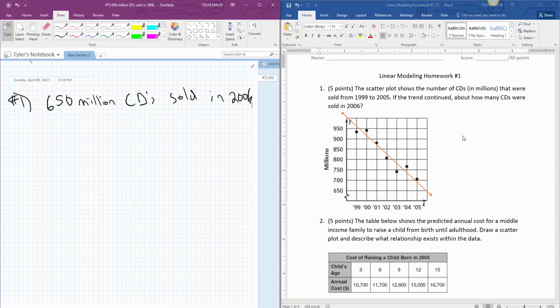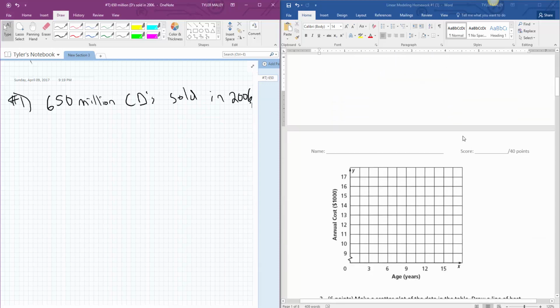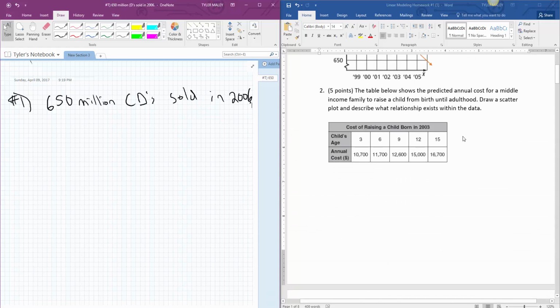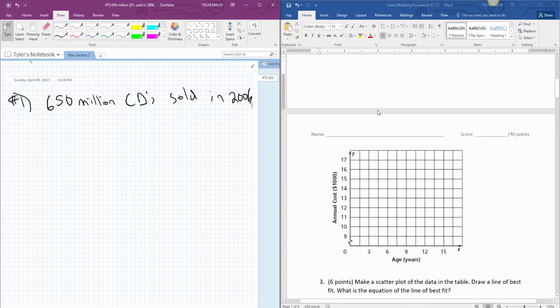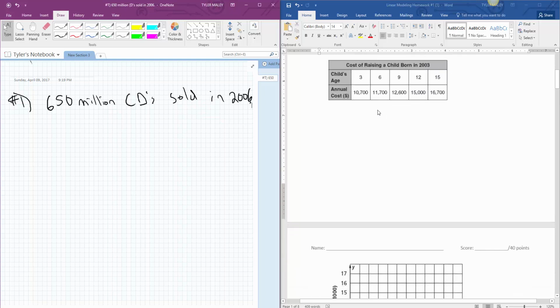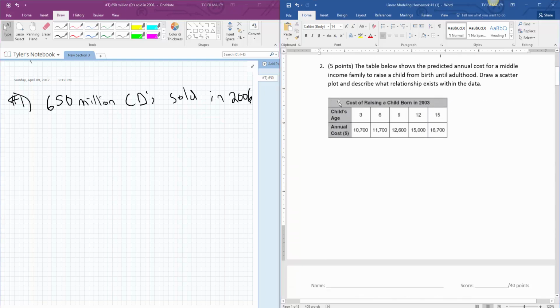All right. So then number 2, you're told the table below shows the predicted annual cost for a middle income family to raise a child from birth until adulthood. Draw a scatter plot and describe what relationship exists with the data. So we want to take these points.